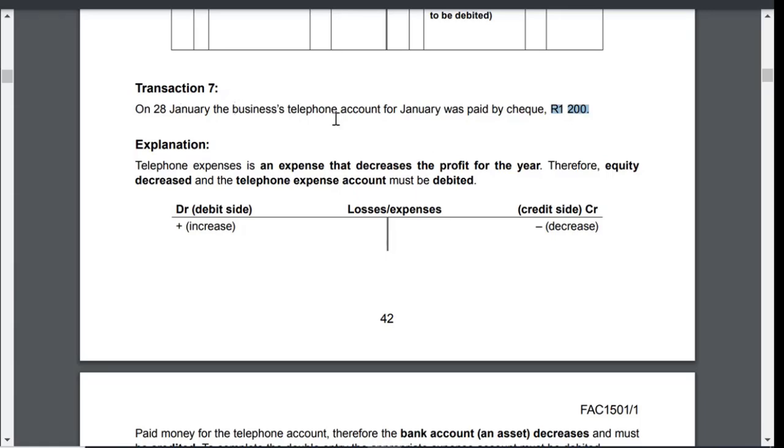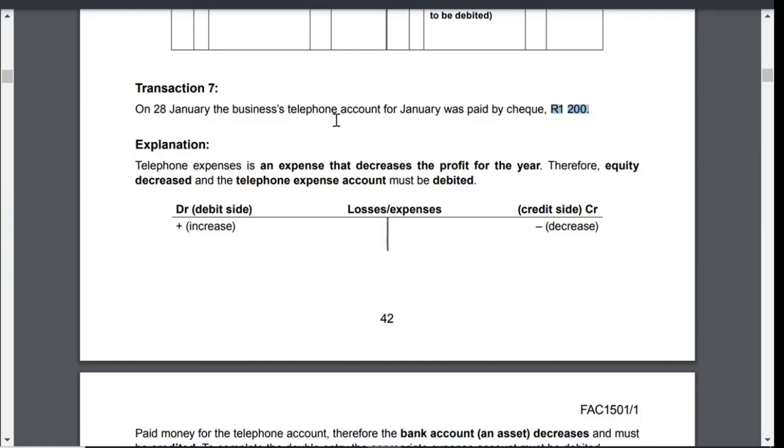So which accounts are affected here? The bank is, I think, credited 1,200. Okay, what is that, a minus?